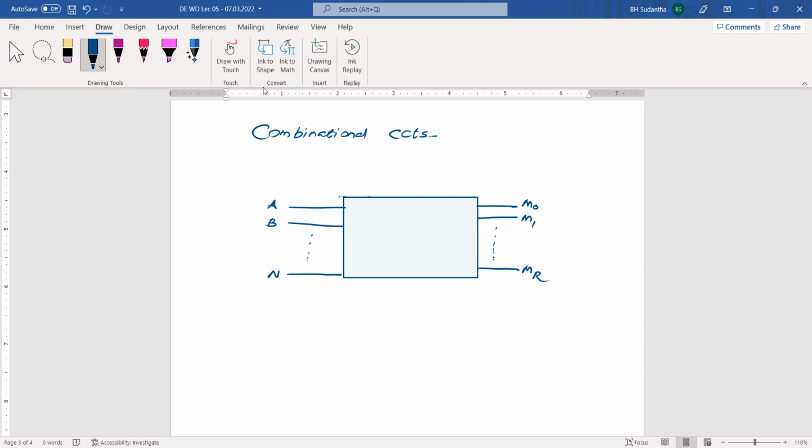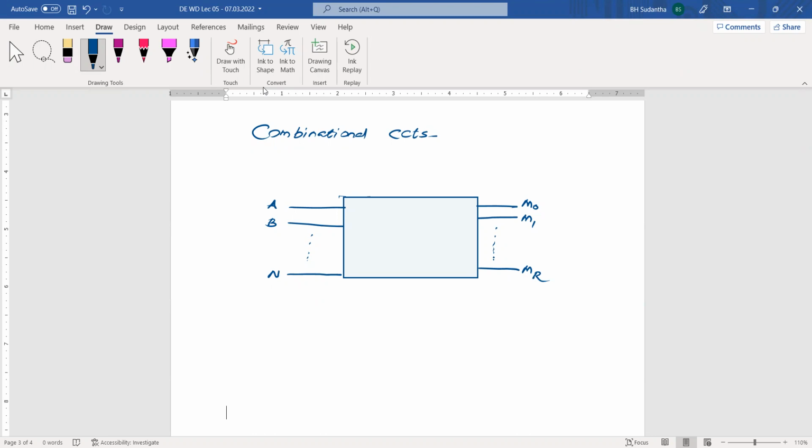If it is a combinational circuit, its output pattern or value at a particular moment totally depends on the present input values.